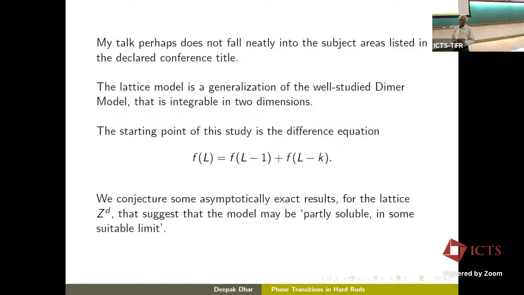I thought about what I should discuss, and I still decided that I will talk about this. The work I'm discussing is a lattice model, so the discrete part is okay. And it's a variation of the dimer model, which is a very classical integrable model in statistical physics.